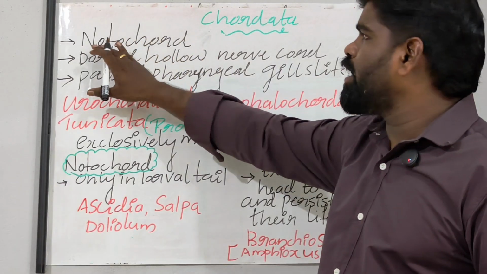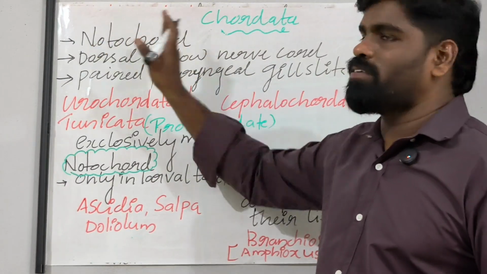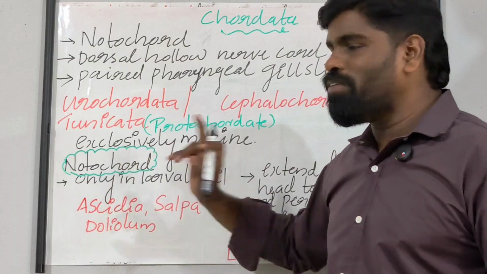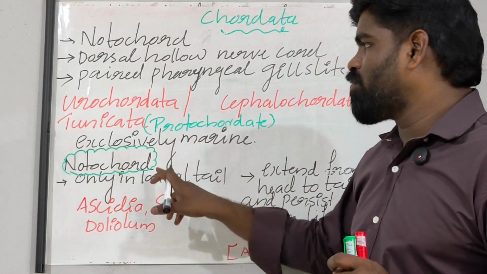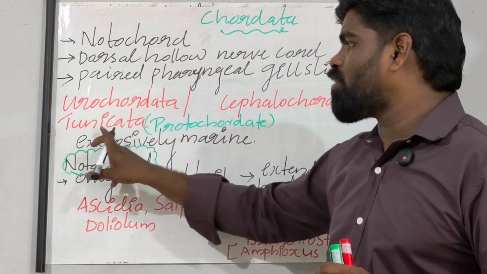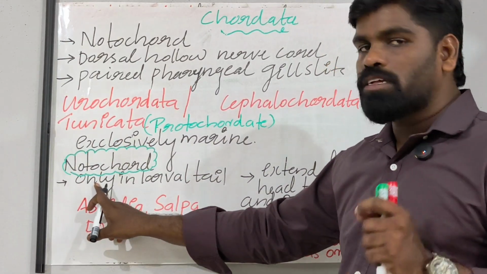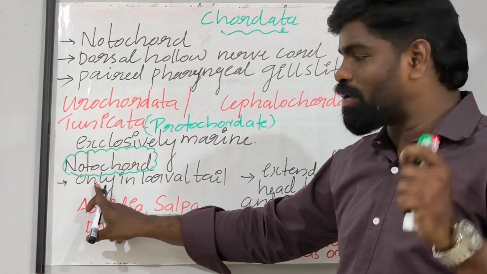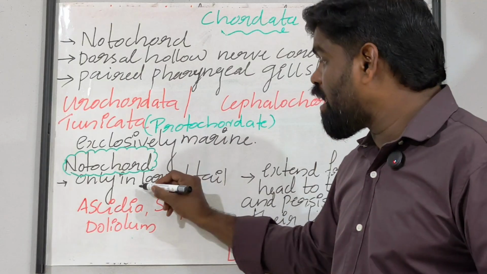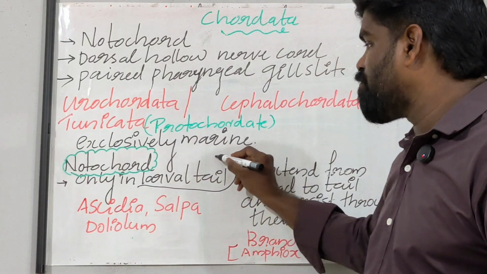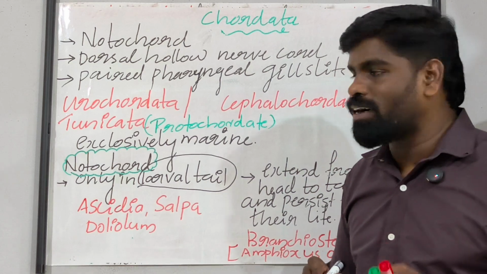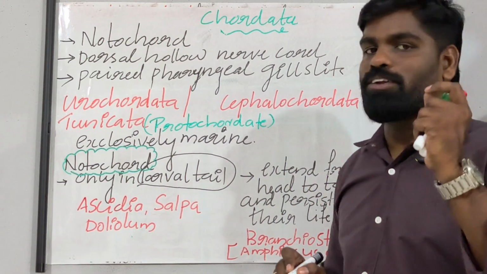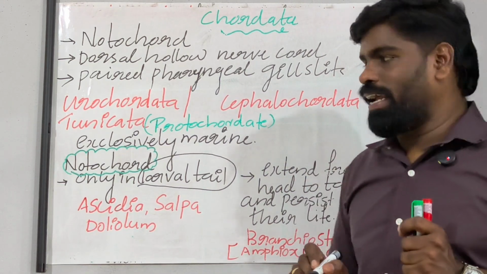As I have already told you, chordates possess a notochord. When we talk about the characters of the notochord, in urochordata or tunicata, the notochord is present only in the larval tail. Very important.